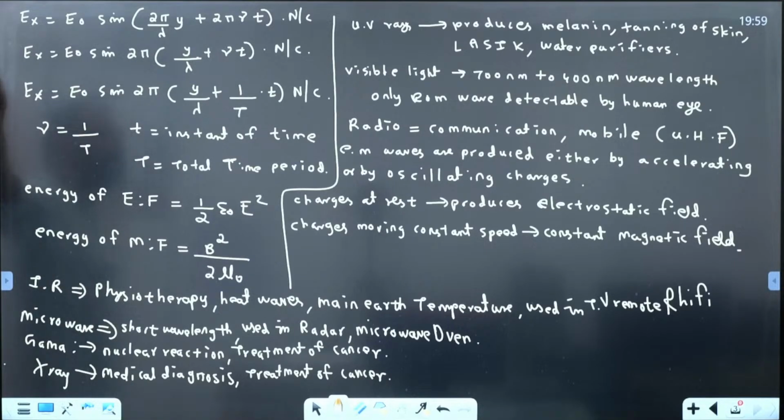Very important. These are very important application level questions.